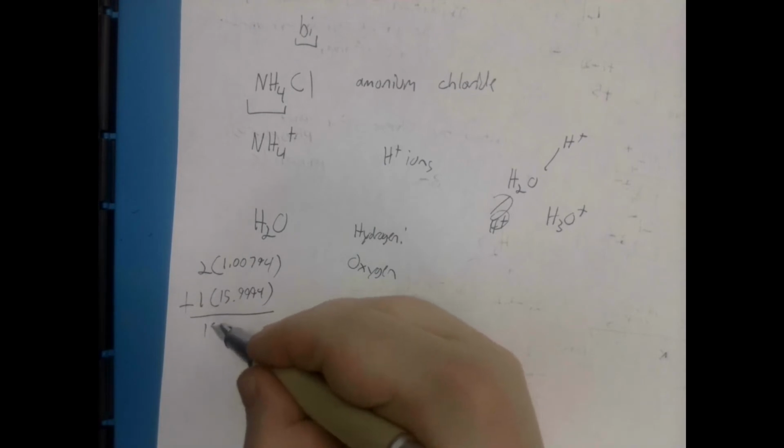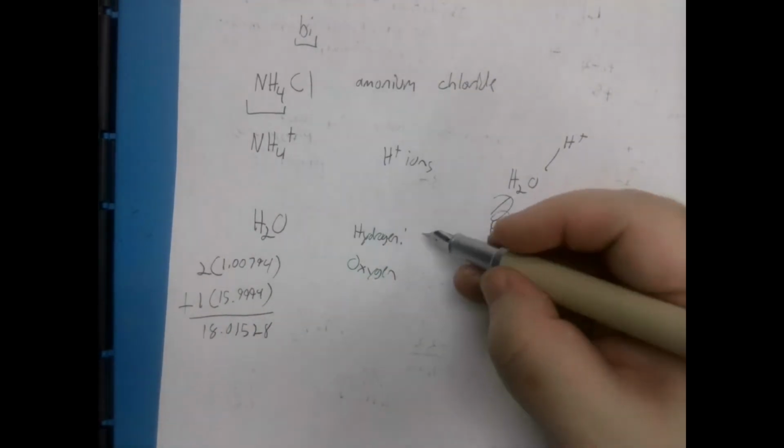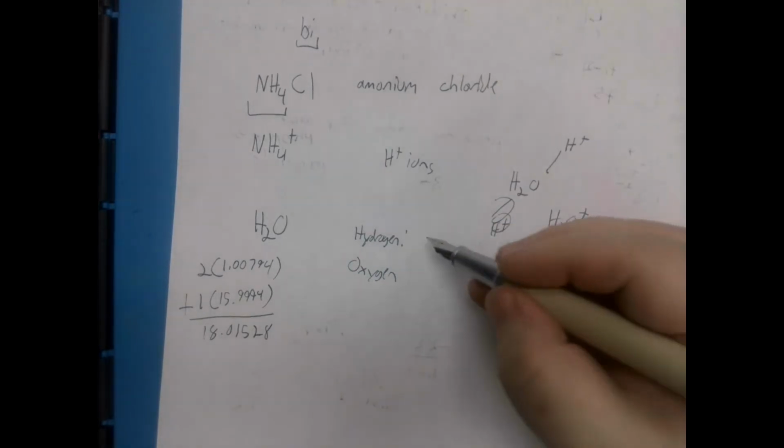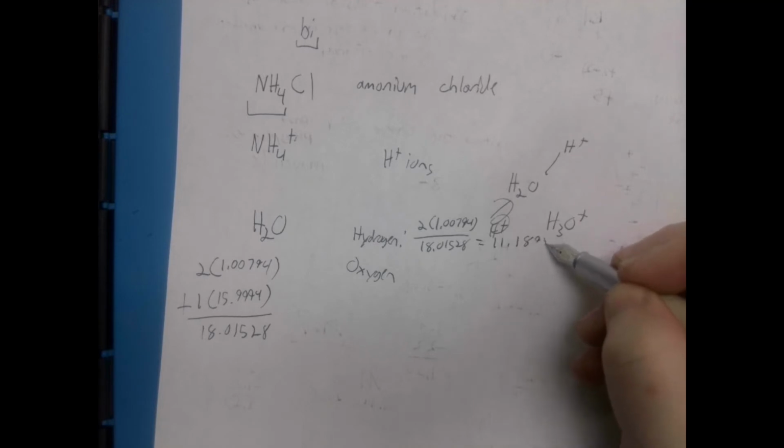Which is 18.01528. And so for hydrogen, we do 2 times 1.00794 over 18.01528, which gives us 11.1898%.